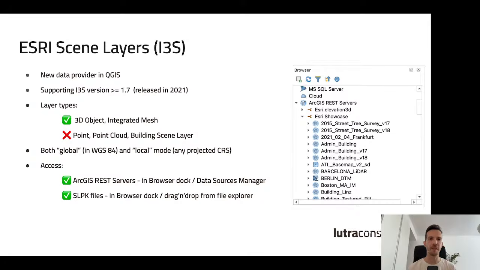One of the bigger pieces in our proposal for the crowdfunding was to support the scene layers from ESRI, or technically this is called the I3S protocol. The scene layers essentially allow you to show a 3D model of some area, nicely georeferenced.